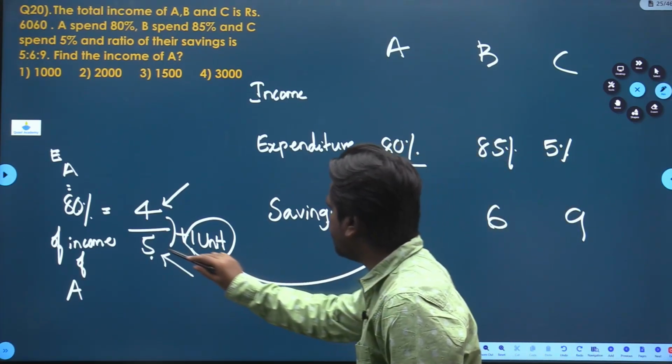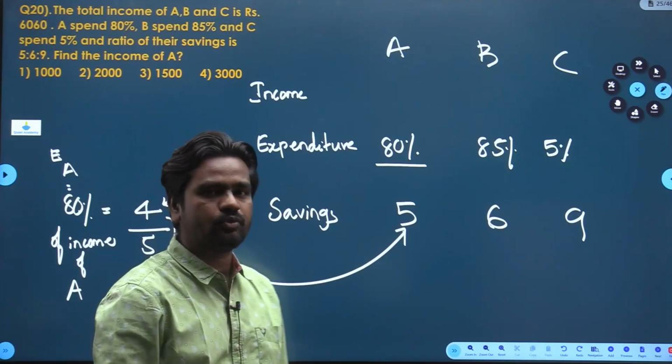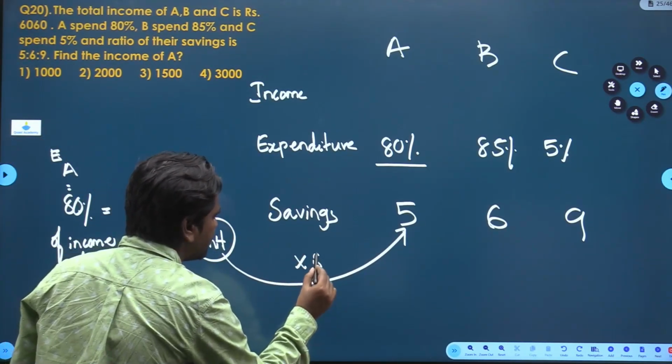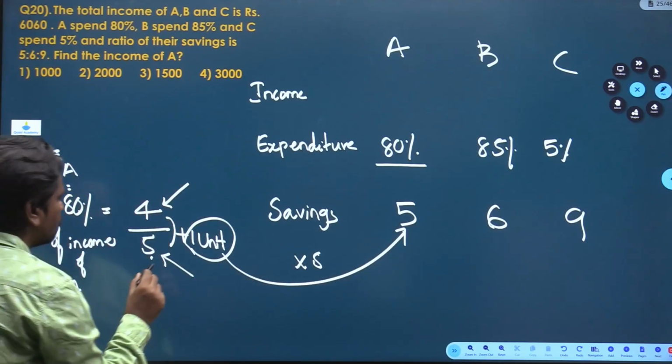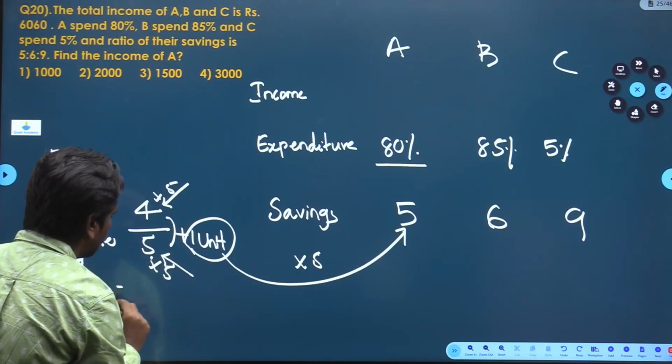So to make this whole fraction proportional, 1 unit into 5 is 5 in the ratio, so you multiply this by 5 as well.